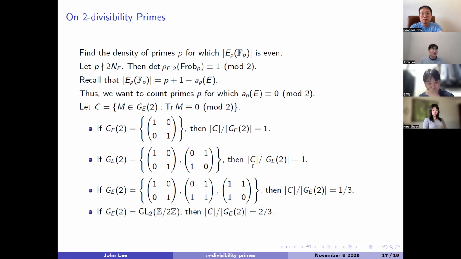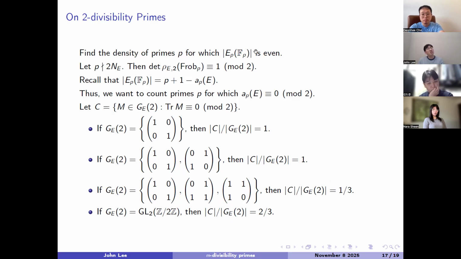In that case too, every prime makes |E(F_p)| even. If G_2 had 3 elements, then only one of them has even trace, not the other 2. In this case, we only have 1/3 of the primes that make |E(F_p)| even. And finally, if G_2 is the full group, you can count there are 4 elements having even traces, and these 2 elements have odd traces, so the density becomes 2/3.